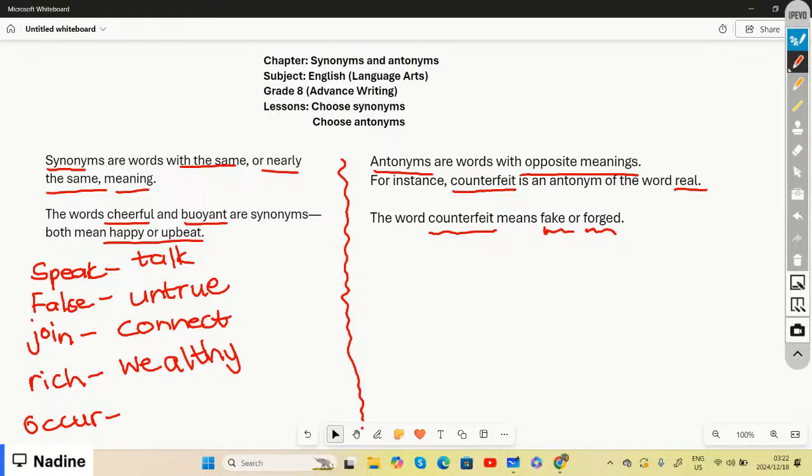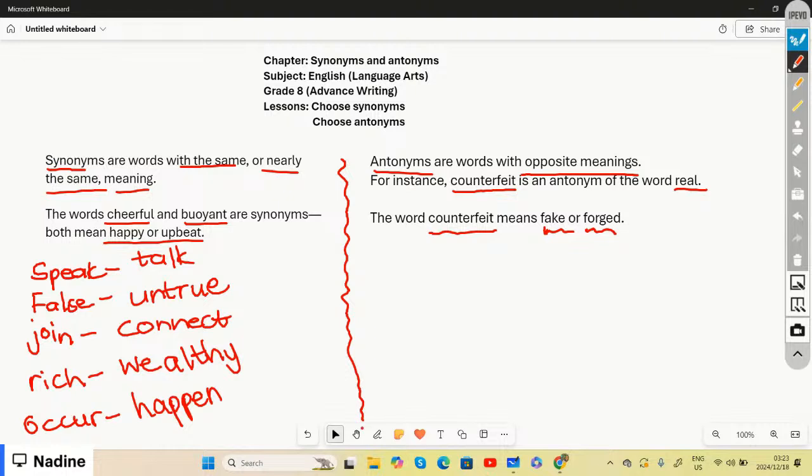And then occur. And the word that's the same as or almost the same as occur, it is happen, right?